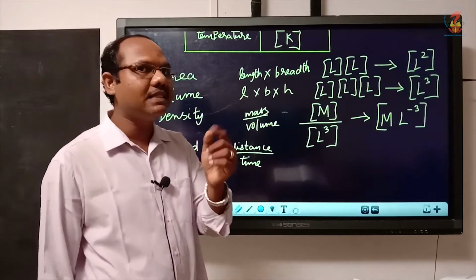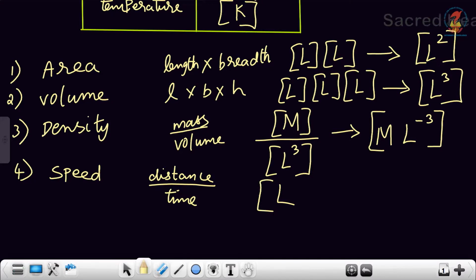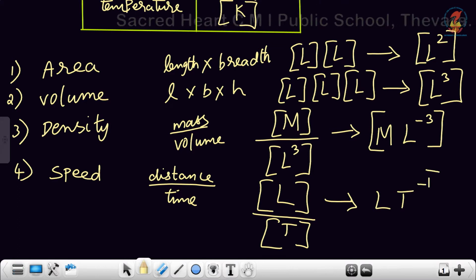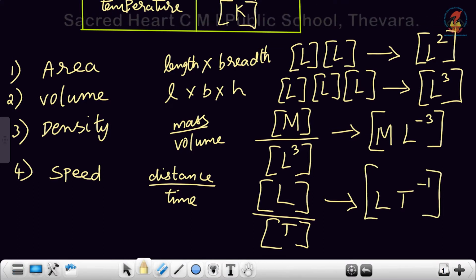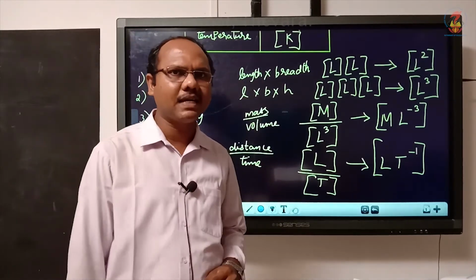Now, distance is a length measurement, right? So I will write L, and time I will write T. So my answer is L T raised to minus 1. I think you got the basic idea, right?